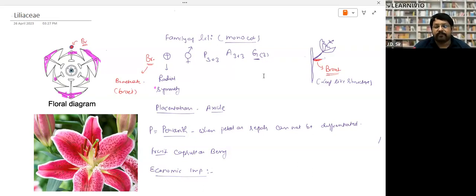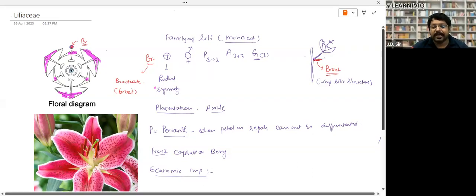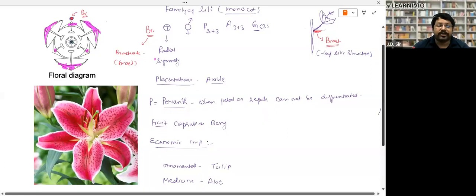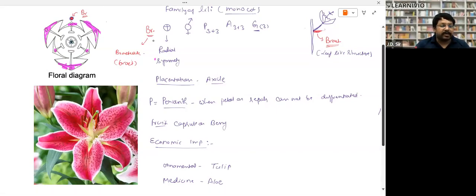One more very important thing. In lily, you cannot differentiate between the sepals and petals. Here, sepals and petals are not separate. Three leaves are below in one whorl, and after that there is another whorl.